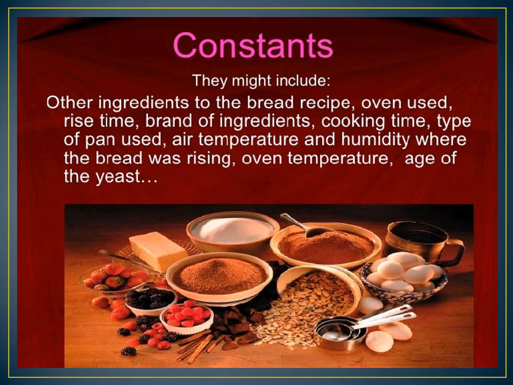So what are those? Okay, so they might include oven used, the rise time, the brand of ingredients, the cooking time, type of pan used, the air temperature and humidity, where the bread was rising, the oven temperature, and the age of the yeast.